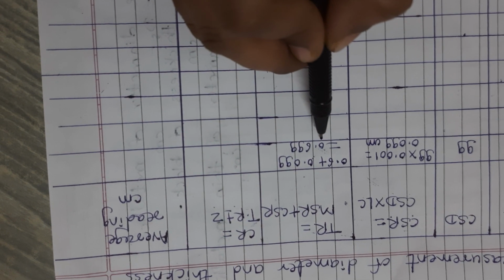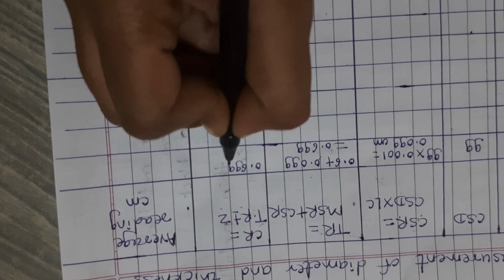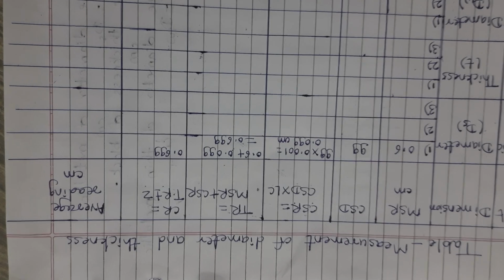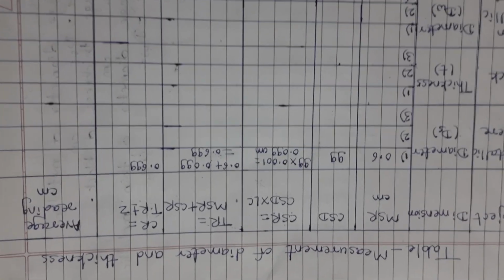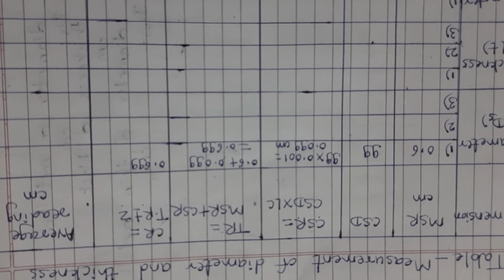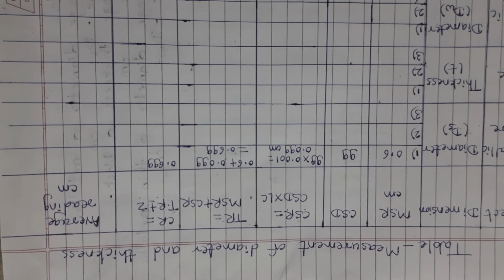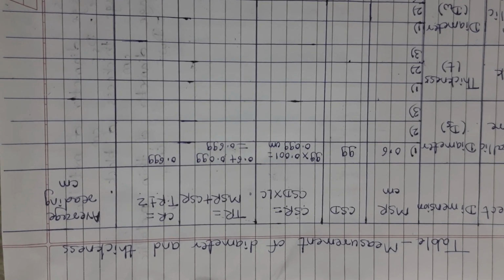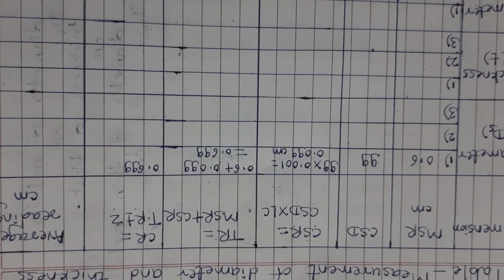The next column is corrected reading, which equals total reading plus or minus Z. Here our total reading is 0.699, and as we know, if the micrometer screw gauge has zero error, then the total reading is taken as it is. But if it has positive error, then subtract that value from the total reading, and if it has negative error, then add that value to the total reading.